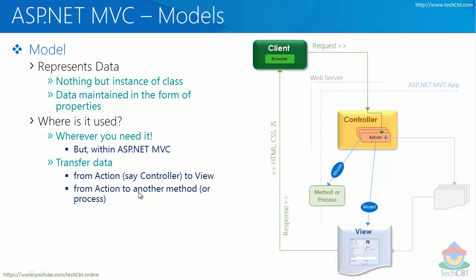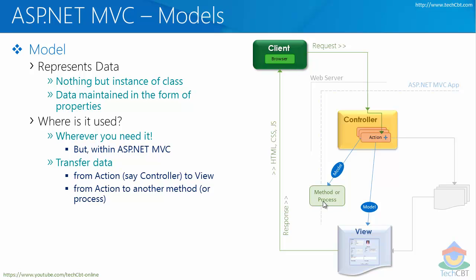Or from the action to another method or another process. Imagine from the action I would like to call some other method which is not related to action or view. It could be something else in general. So I can have some external method or some external process.